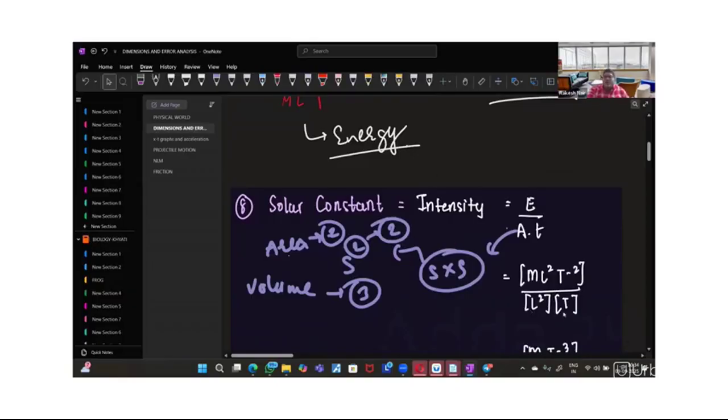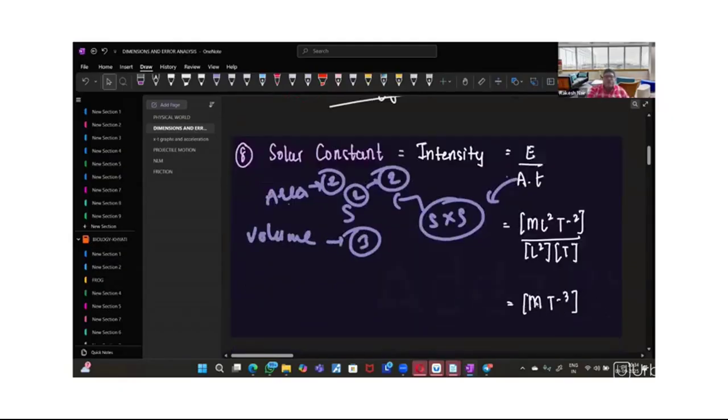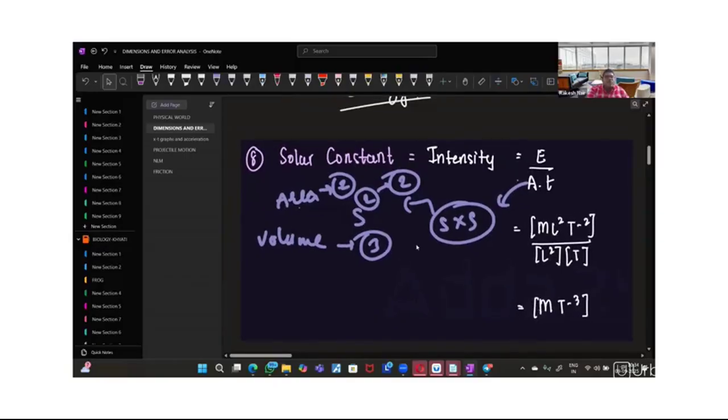Upon area is L^2 times T. And when we do that grade 10 mathematics, we get M T^-3. How? Because M stays as M, T^-2 with the T from the denominator coming upside gives minus 3, and L^2 gets a substantial cancellation. So we get the dimensional formula of the solar constant to be M T^-3.